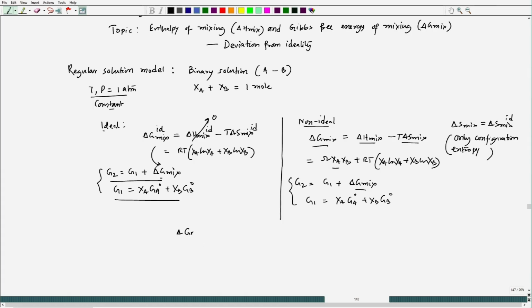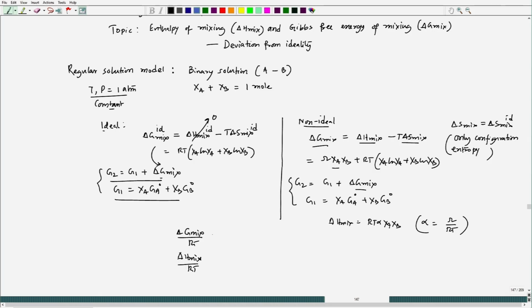And we started plotting delta G mix by R T as well as delta H mix by R T, and delta H mix can also be expressed as R T alpha X A X B, where alpha is nothing but omega by R T. Alpha is a parameter which helps us to consider the calculation of delta H mix by R T, and that alpha can be taken as a small number.